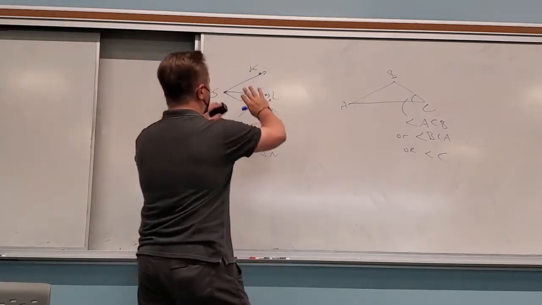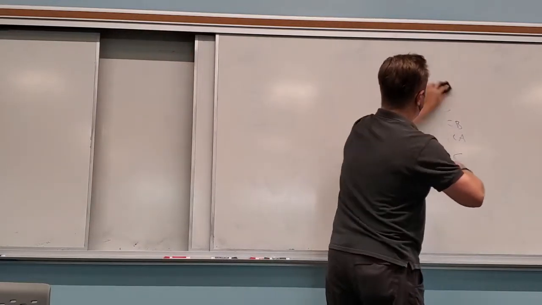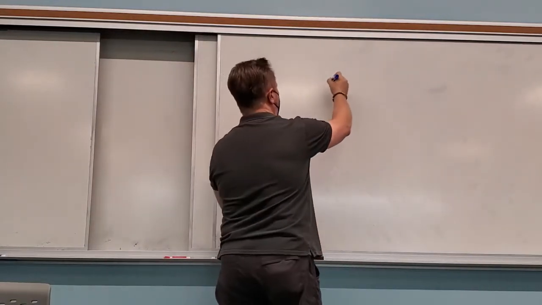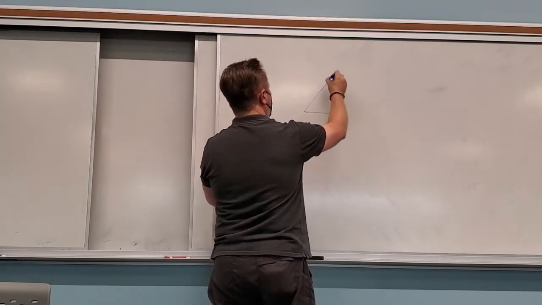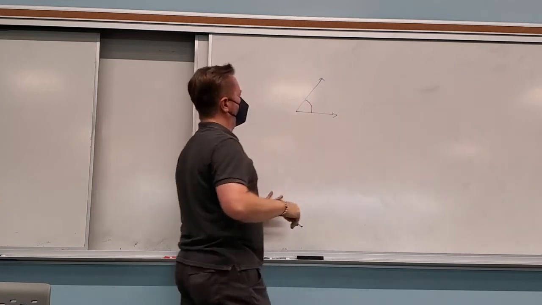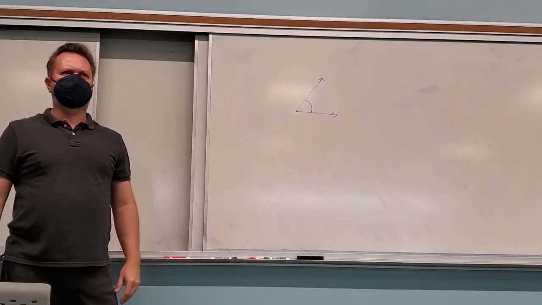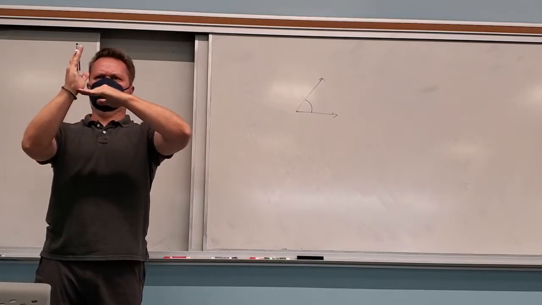So if I have an angle just hanging out in space, if I make this angle here, can somebody guess how many degrees this is? Give me a guess. It's less than what? 90.